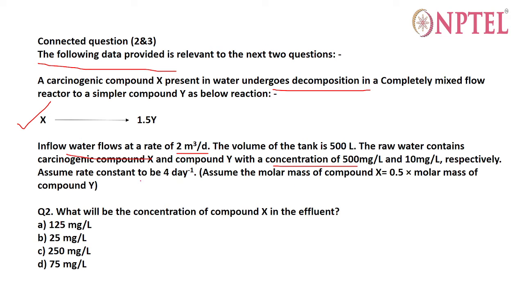The rate constant is given, that is K is 4 per day. And there is another important piece of information: the molar mass of compound X equals 0.5 multiplied by the molar mass of compound Y. So you need to calculate the concentration of compound X in the effluent.